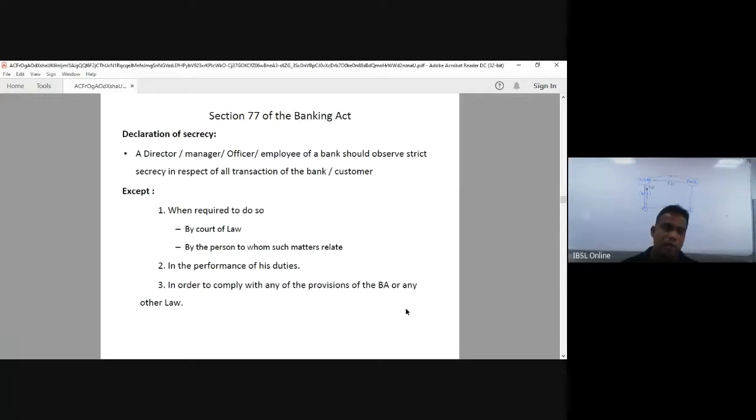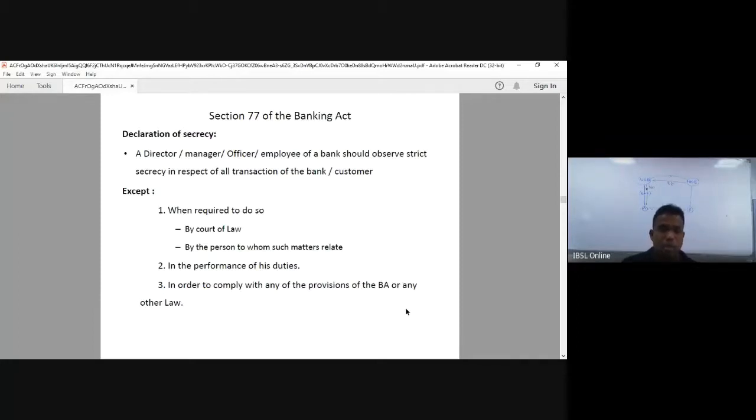The person to whom the matter relates means the account holder. If the request comes from the account holder, requesting to divulge information to a third party, the bank can divulge that information, because the consent of the customer has been given.